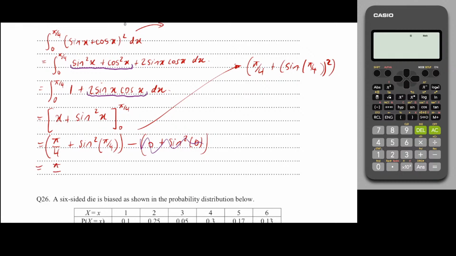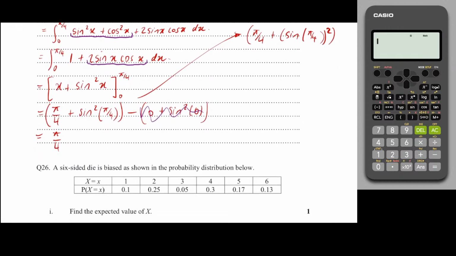Well, sine of pi on 4 is 1 on root 2. Go back to your reference sheet, it should be on there for you. So it's plus 1 on root 2, all squared, which is equal to pi on 4 plus 1 squared, which is 1, over root 2 squared, which is just 2. And there's our answer.